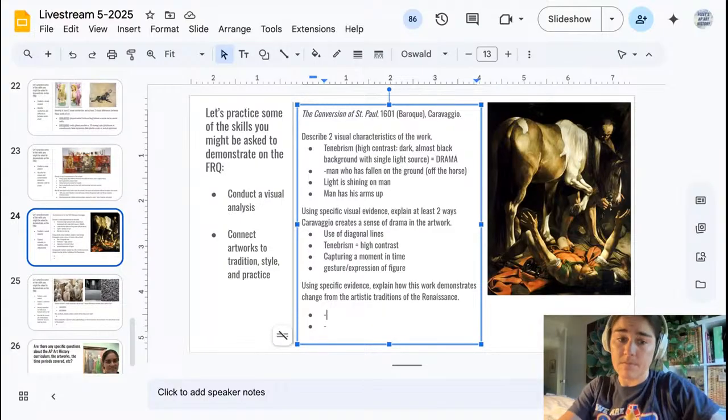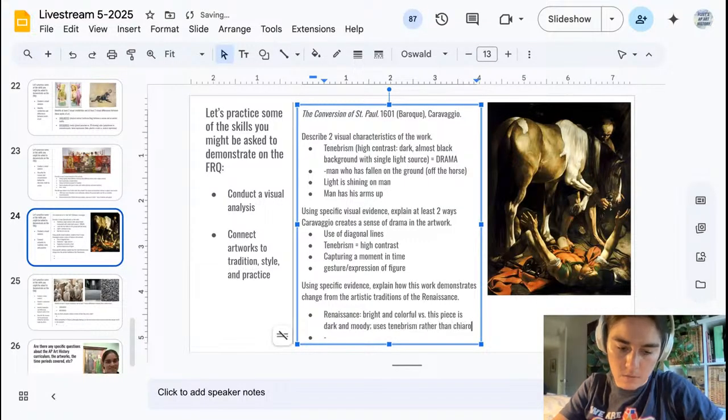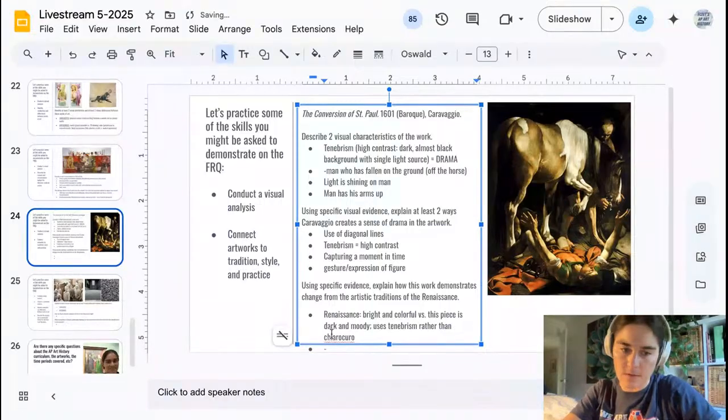Right. So you could talk about the Renaissance equals bright and colorful versus this piece is dark and moody, uses tenebrism rather than chiaroscuro, right? Chiaroscuro, there we go.